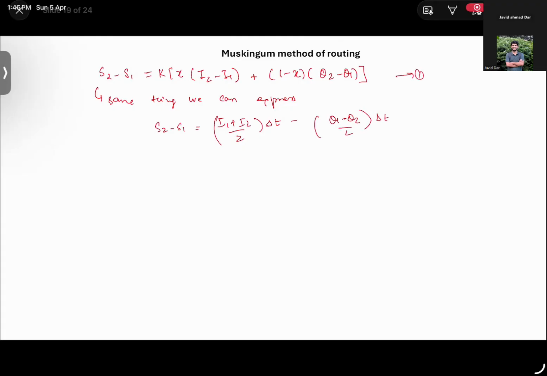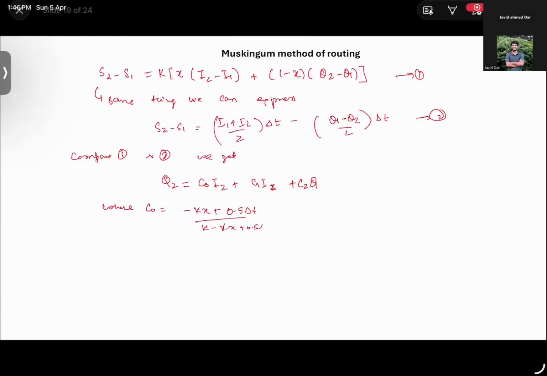Now you have equation 1 and equation 2. So if you compare 1 and 2, we get q2 equal to C0 I2 plus C1 I1 plus C2 q1, where C0 is minus Kx plus 0.5 times delta t, divided by K minus Kx plus 0.5 delta t.